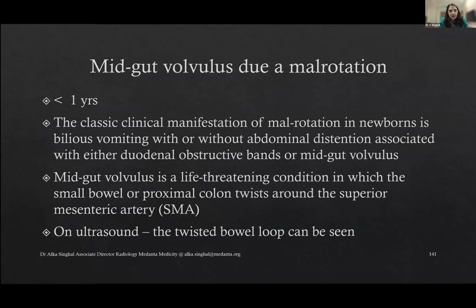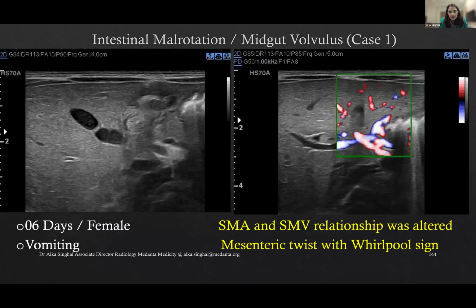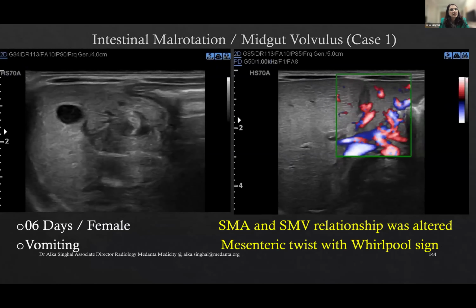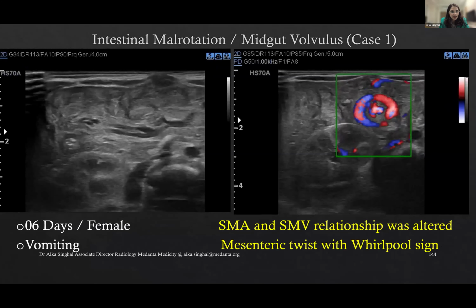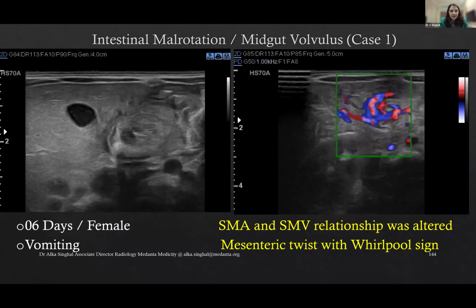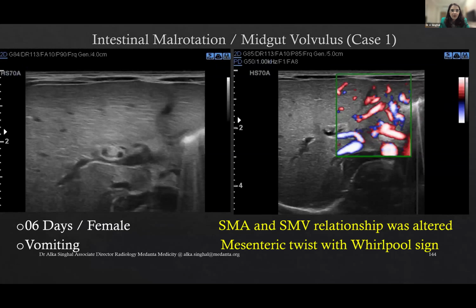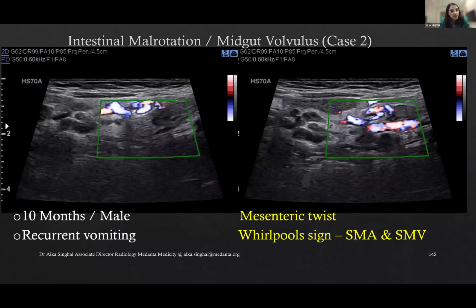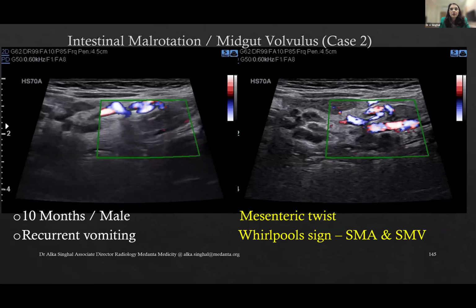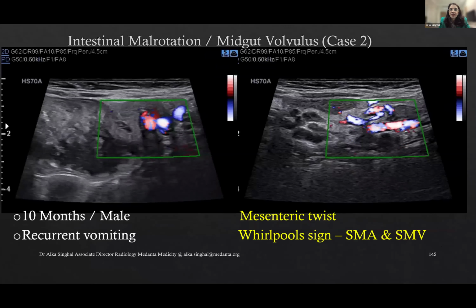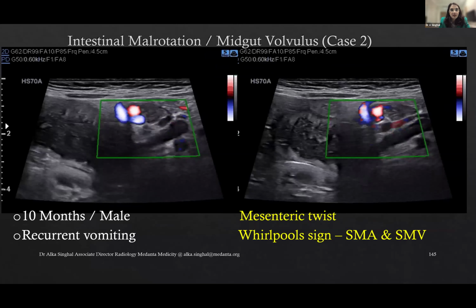And you can have other causes of bowel obstruction, which will vary depending upon the age of the patient and the presentation. So you can have an altered relationship between the blood vessels in midgut volvulus, and you can demonstrate the mesenteric twist and the whirlpool sign, with altered configuration of the SMA and the SMV.